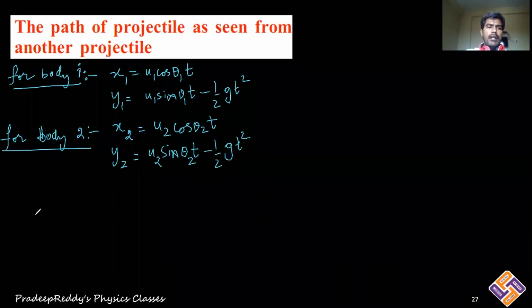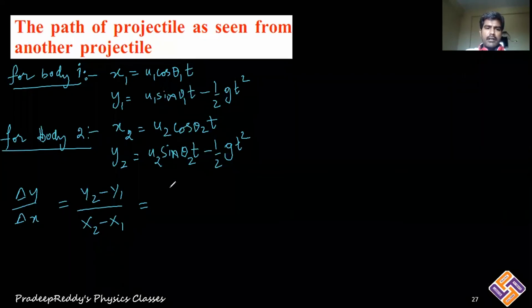Okay, now delta y divided by delta x, if you calculate, it is y2 minus y1 divided by x2 minus x1. What is y2 minus y1? y2 is this and y1 is this. Half g t square in both the terms gets cancelled.